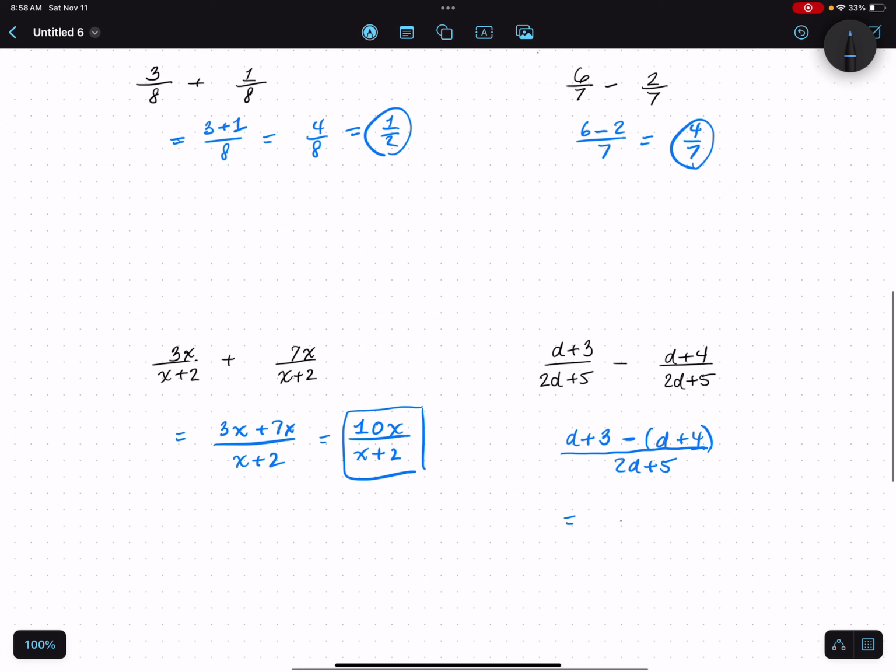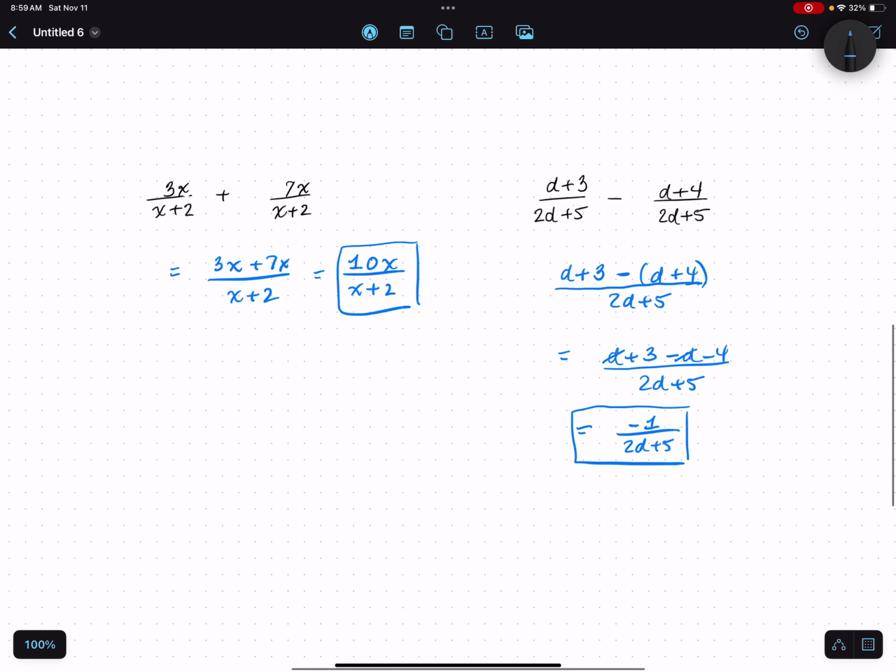I'm going to distribute the negative: d plus 3 minus d minus 4, all over 2d plus 5. Notice that the denominator did not change. The d's cross out, and we are left with 3 minus 4, which is negative 1 over 2d plus 5. And that is a perfectly fine way to leave a final answer.